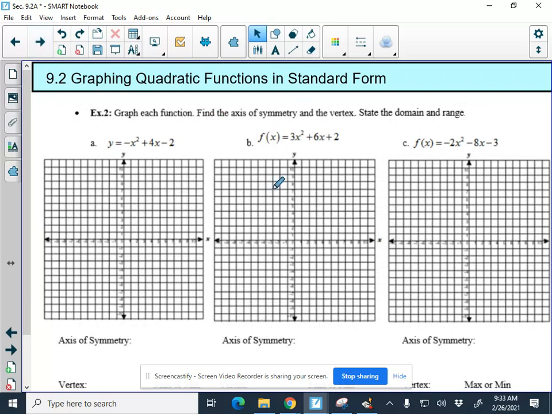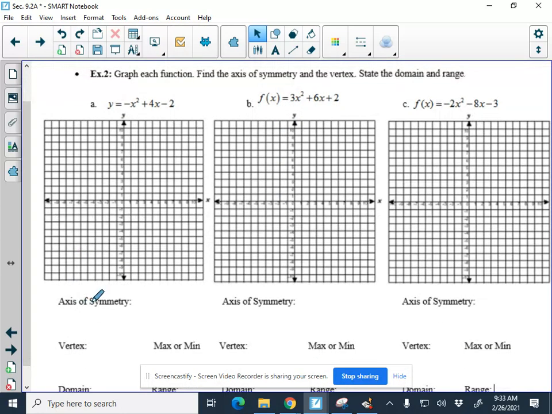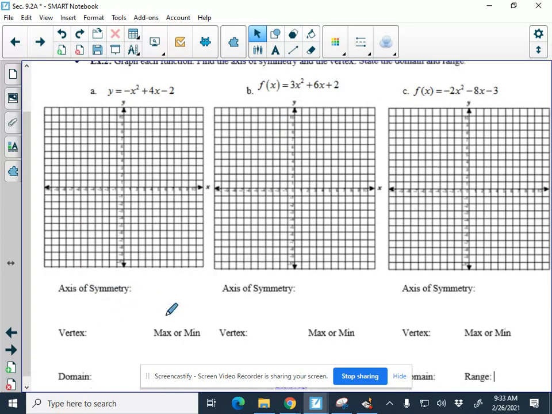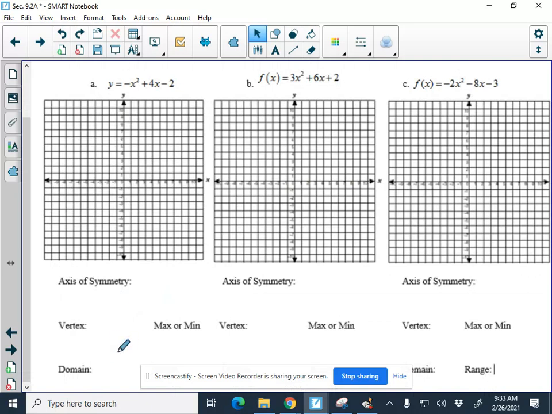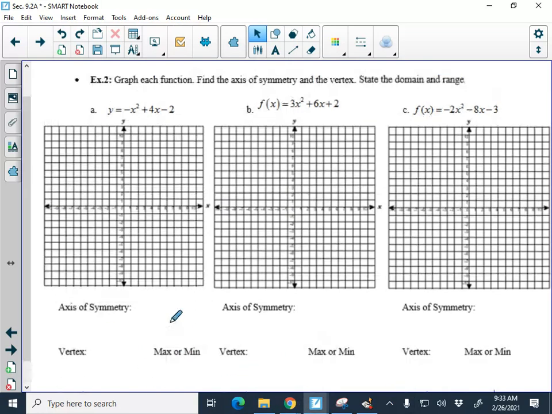All right, now it says graph the function. Okay? So graphing the function is going to involve finding the axis, finding the vertex, talking about domain. We can talk about range too. And we will, determining if it opens up, down, max, or min.